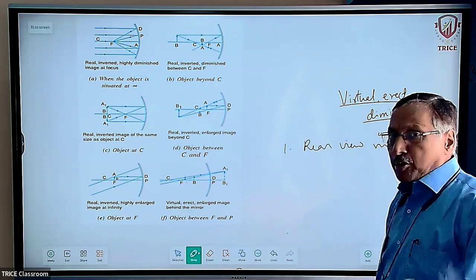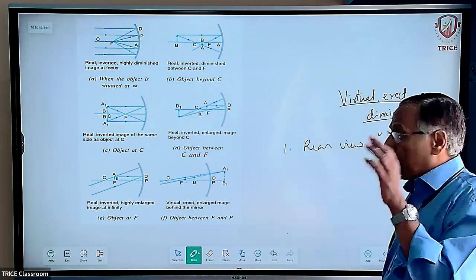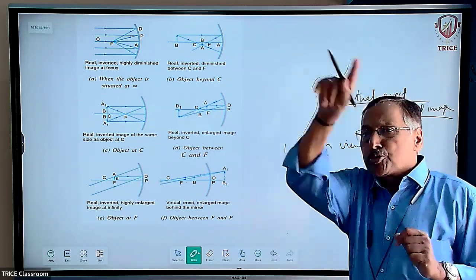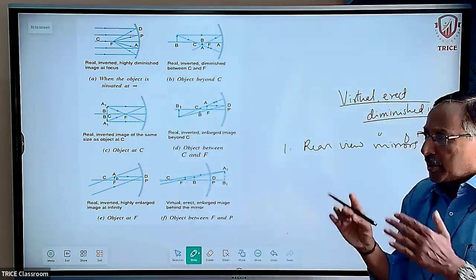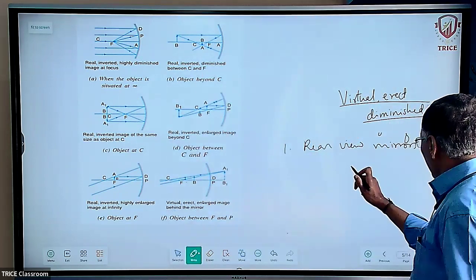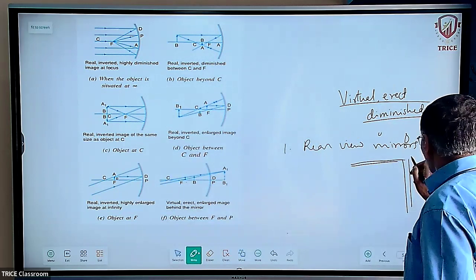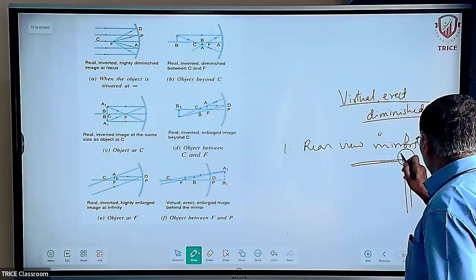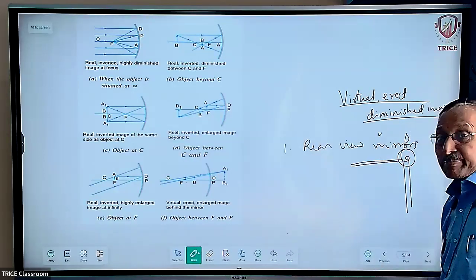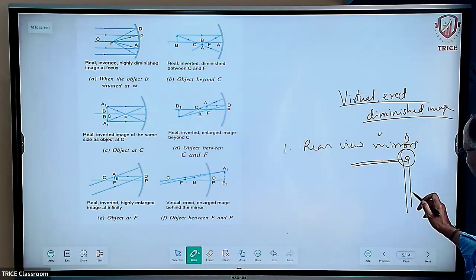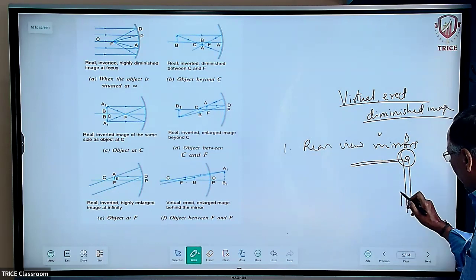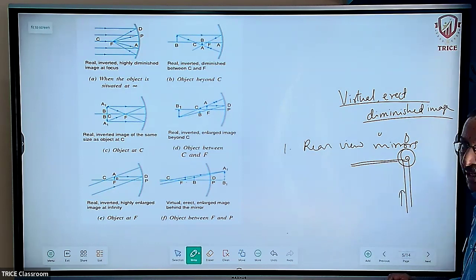And also in all the complexes and even in the apartments, there will be a huge convex mirror at the junction. Suppose there is a road here and there is a road here also. They keep a convex mirror at this point, so that a person coming from this side can see vehicles from the other side.